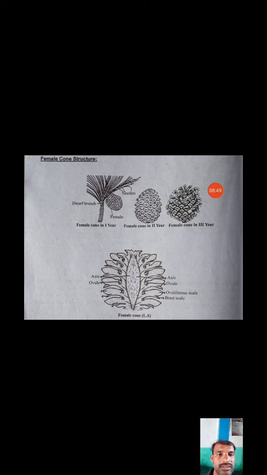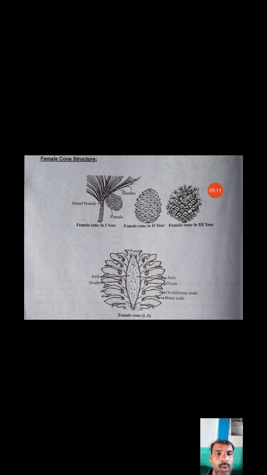Generally, the female cone develops in February in the plains and in May in the hilly regions. The female cones are large and pale green when young, becoming reddish and brown in color at maturity.